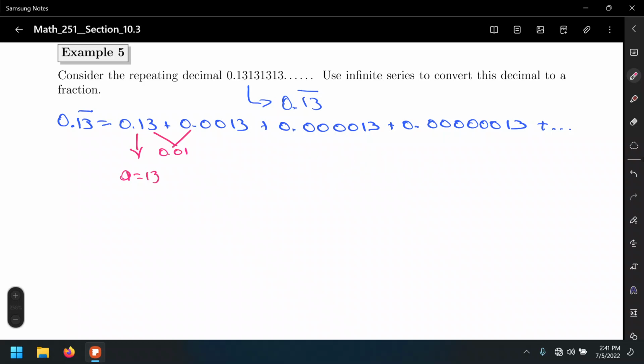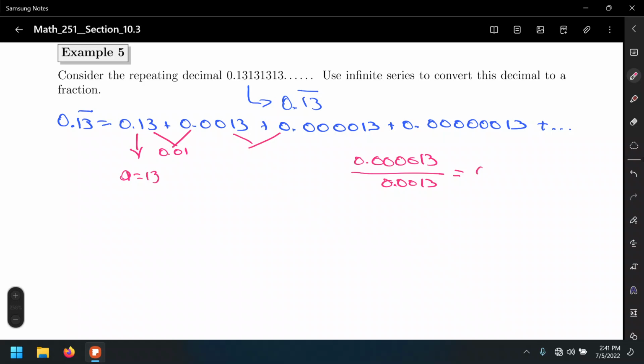Let's verify that we get the same when we find the common ratio between the third term and the second term. So if we do 0.000013 over 0.0013, what is that going to give us? Can anyone help me with the calculator here?